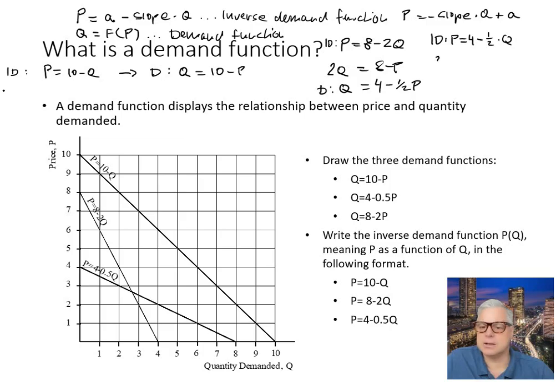Then we get 2P equals 8 minus Q. And then we add on both sides Q and subtract on both sides 2P. And then we get Q equals 8 minus 2P. And that would be the demand function for the inverse demand function 4 minus 0.5 Q.